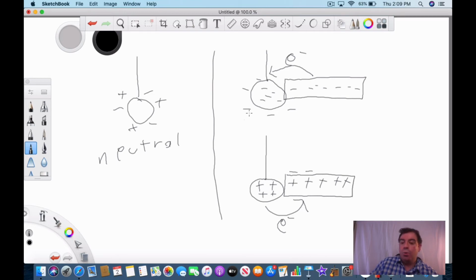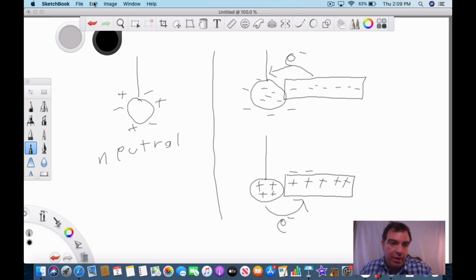So again, you have to describe the flow of electrons. In this first scenario, electrons flow from the negative lucite rod to the pith ball. In the second scenario, if it's positive, negative electrons flow from the pith ball all the way to the glass rod, making this overall positive.